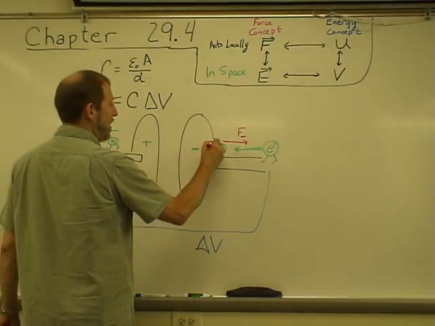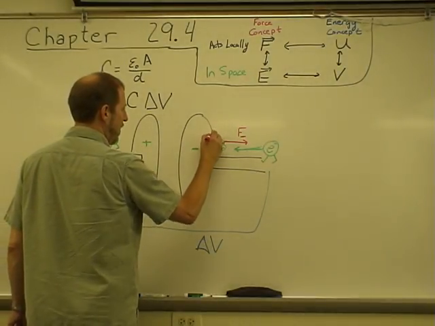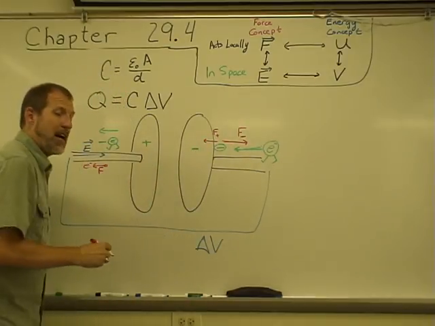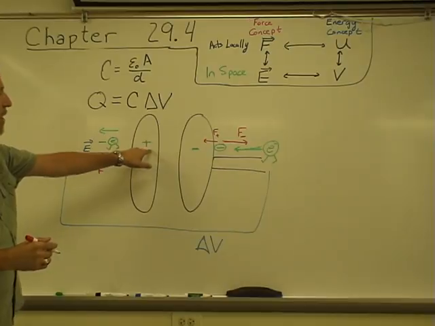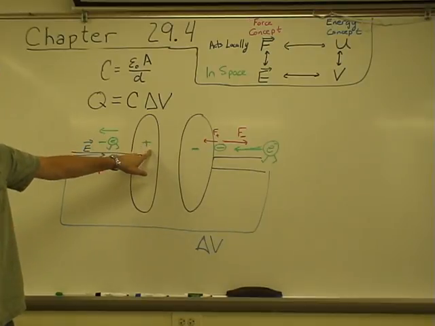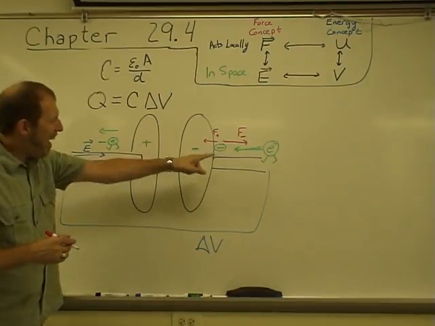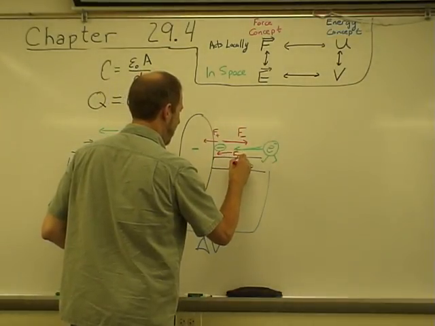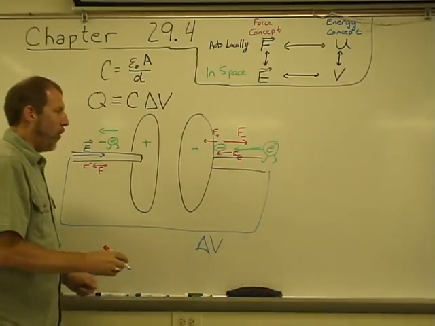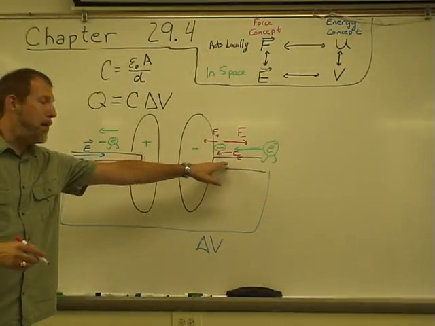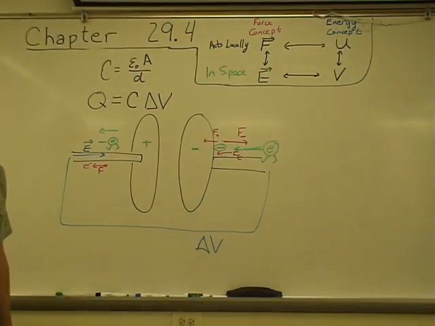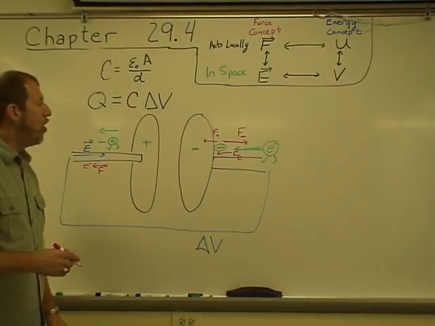It's feeling an attractive force that's less, because the attracting positive charge is farther away, to this little positive hole on the other side. And it's feeling an electric force because of the electric field established in this wire caused by the difference in electric potential over the wire.